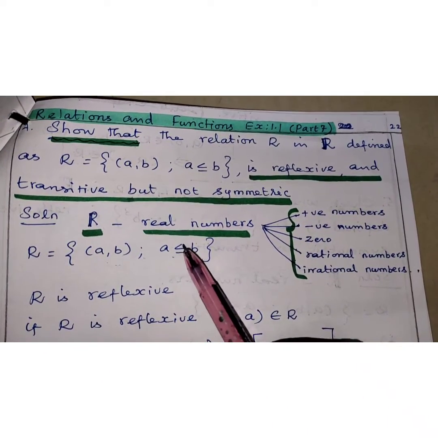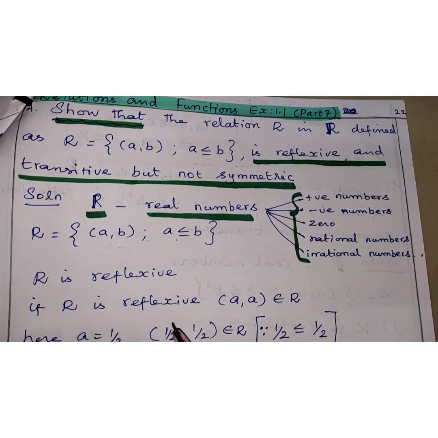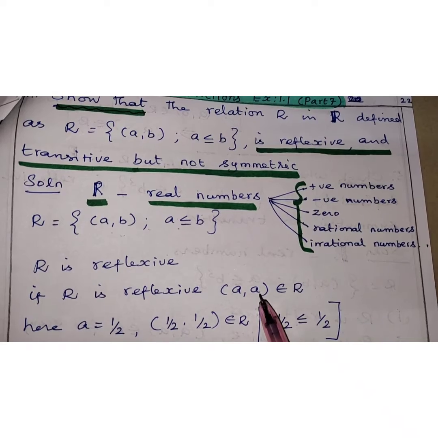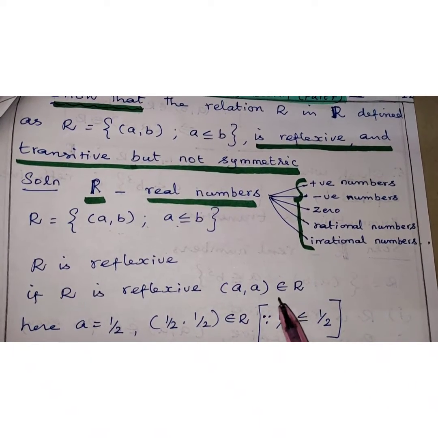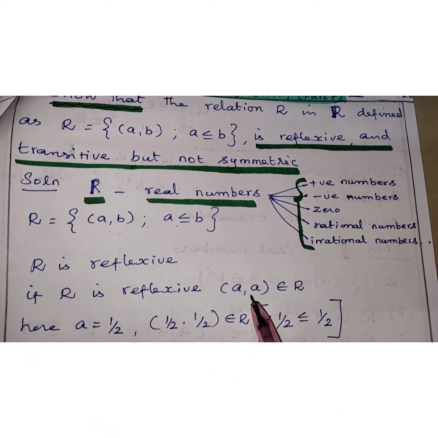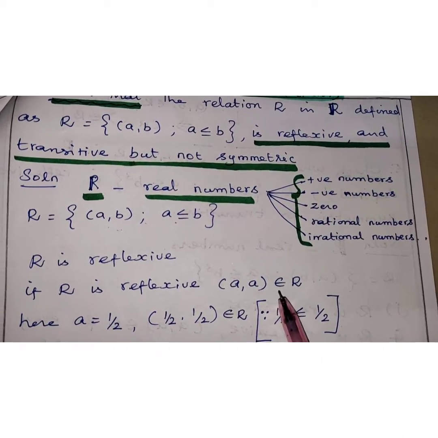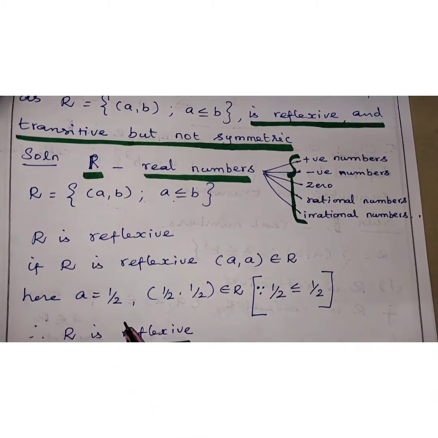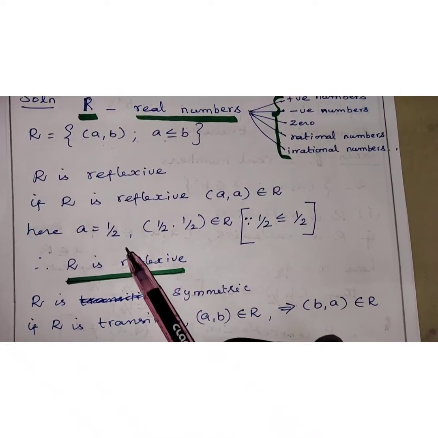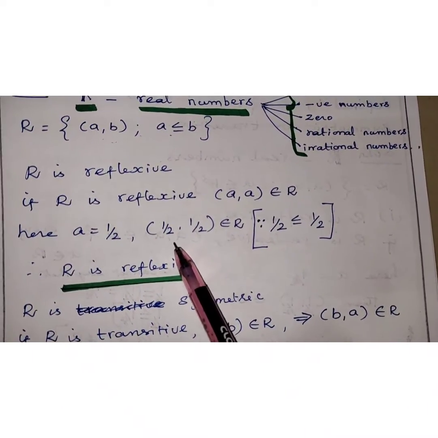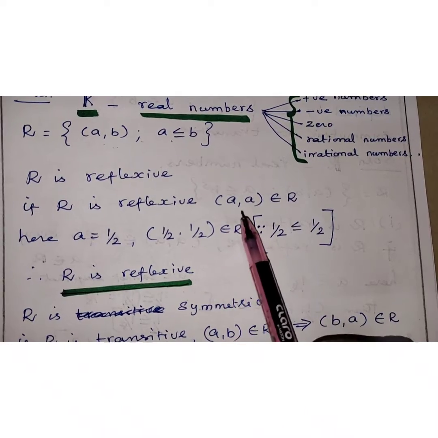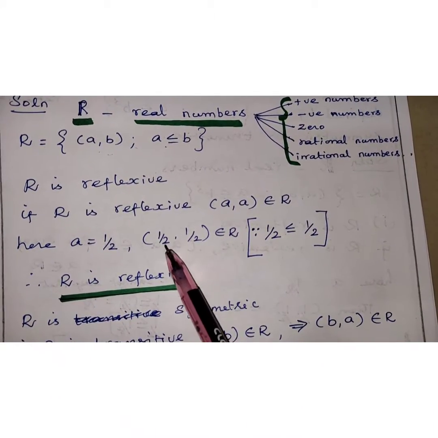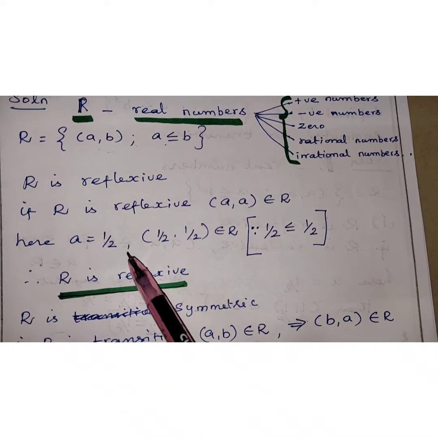R is reflexive means the condition (a, a) belongs to R, the same element. Here we take a equal to half, so the pair will be (half, half). Reflexive means (a, a), the same element.